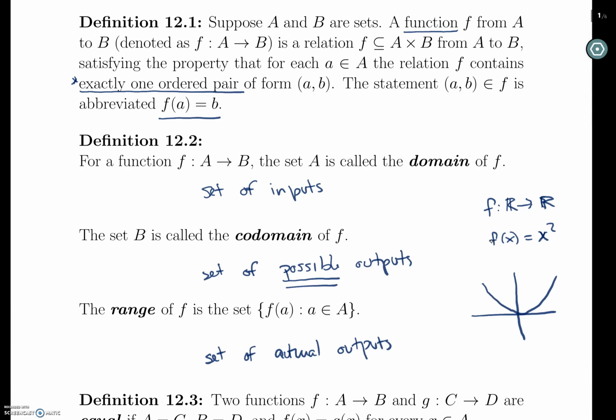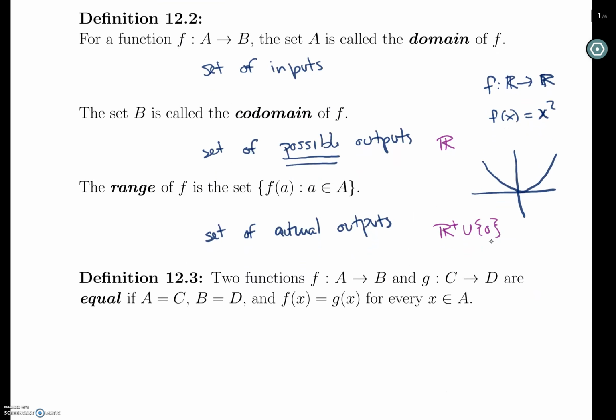We can see that the domain is the real numbers, everything on the x-axis. The codomain is also the real numbers, but not all of the real numbers are used. So the codomain in this case is the real numbers, but the range is actually the positive real numbers together with 0. So that's the difference between the codomain and the range.